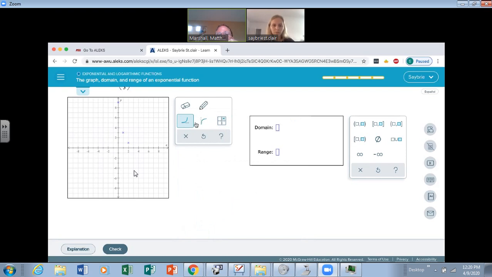I think it's that. Ooh, that's weird. So hit that. So the asymptote's going to be right there, the x-axis. Right there. Perfect.